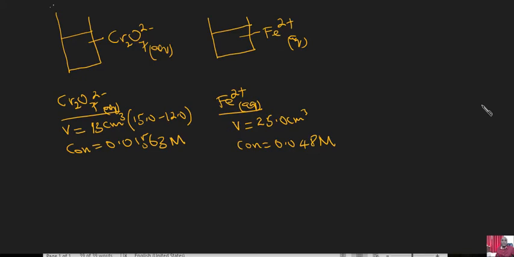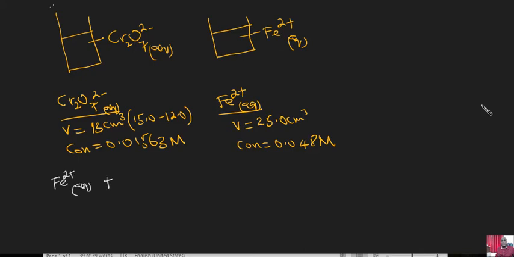So those are the values that we are going to use to meet the objective of the practical, to determine the mole ratio of the reaction between dichromate 6 and iron 2. So here we have iron 2.